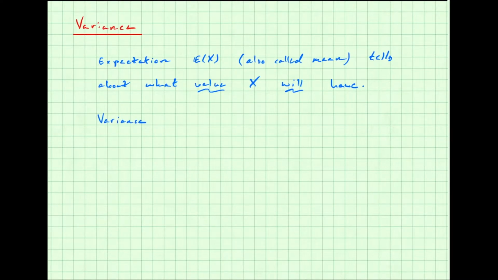So variance, which we'll write as VAR of X. So again, capital X is any random variable here. This is about how much variation we expect in the values that X can take on.